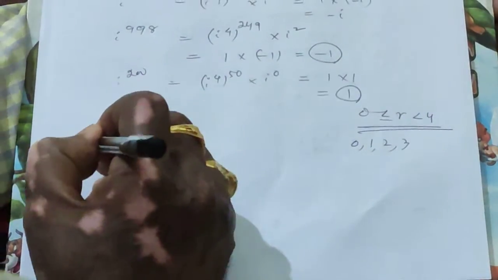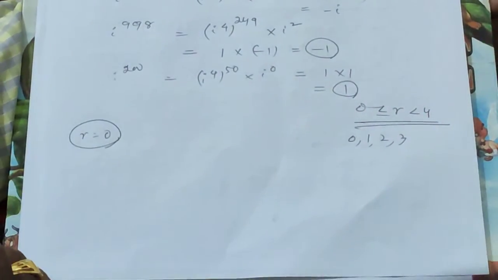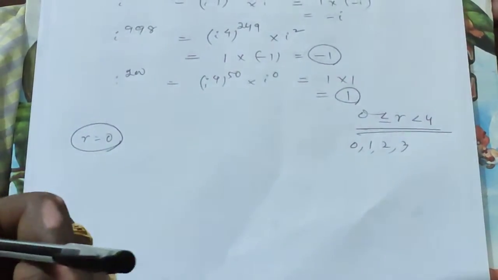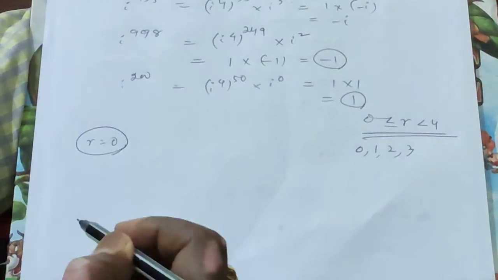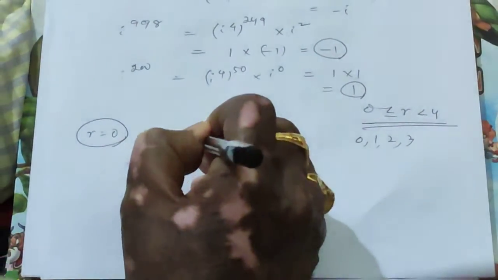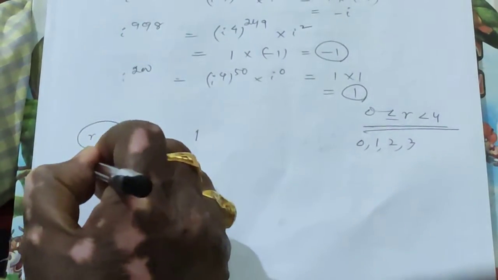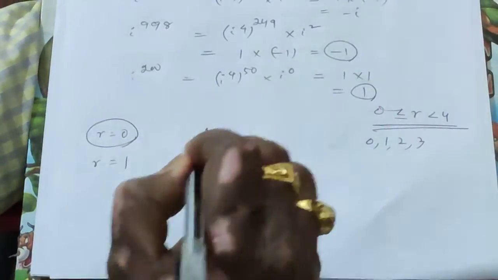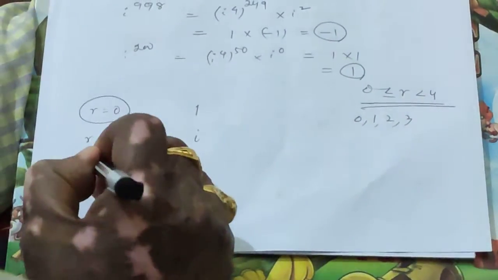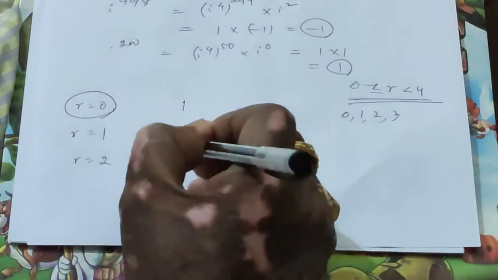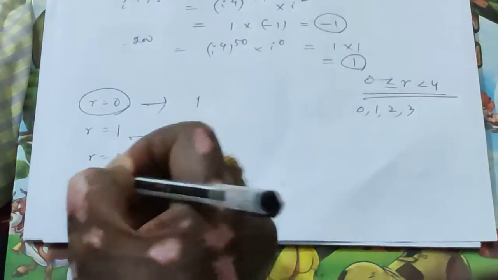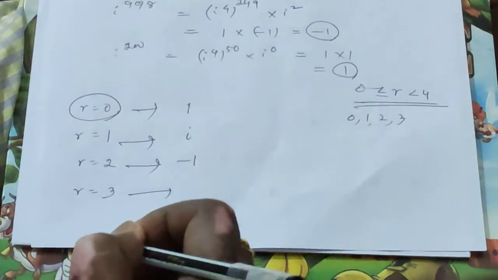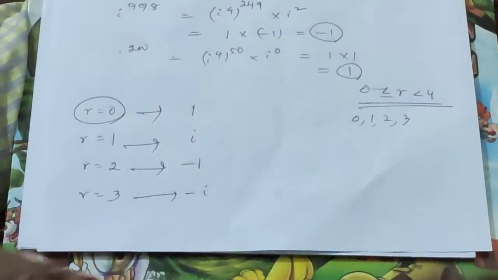If the remainder is 0, then the integral power of i will be 1. If the remainder is 1, then it will come i. If the remainder is 2, then it will come i square equals minus 1. If the remainder is 3, then it will come i cube equals minus i.